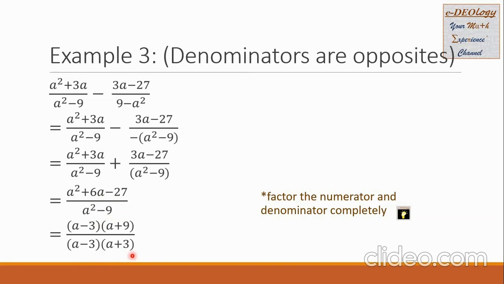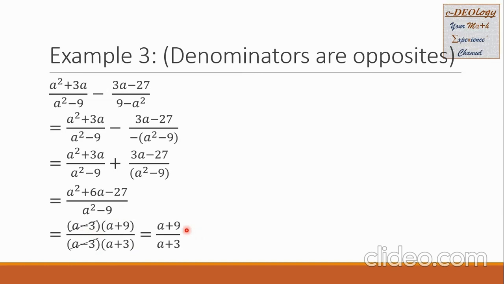And then we can now cancel the common factors in the numerator and denominator, and that is the a minus 3. After the cancellation, we will now collect the remaining factors. So a plus 9 all over a plus 3. The next question is, can we cancel the a and the a?